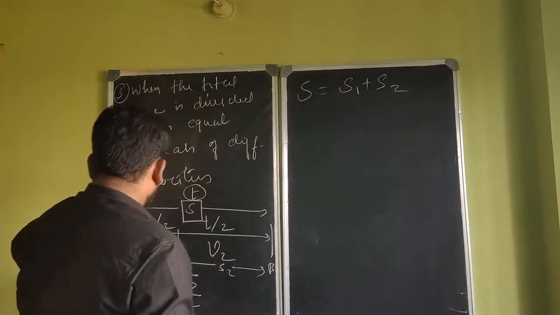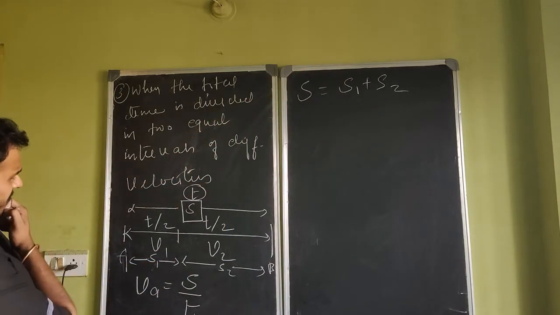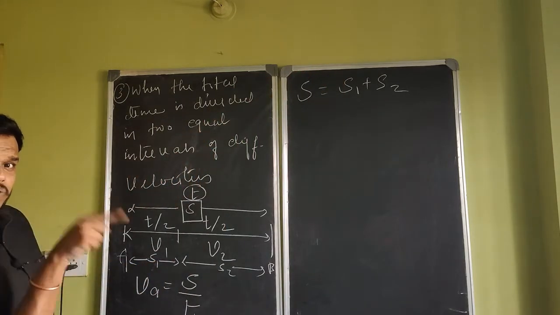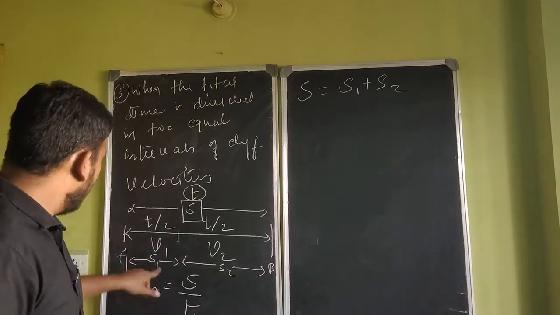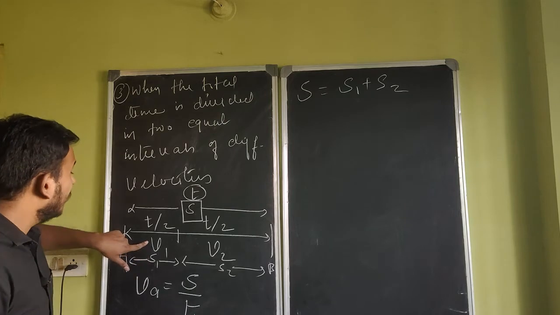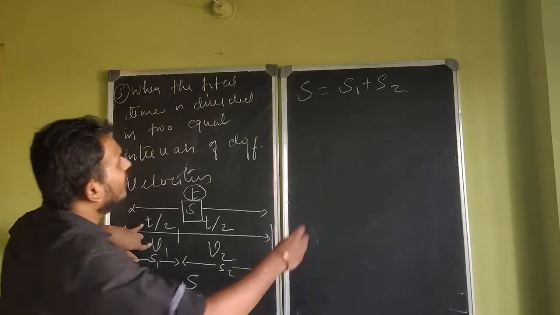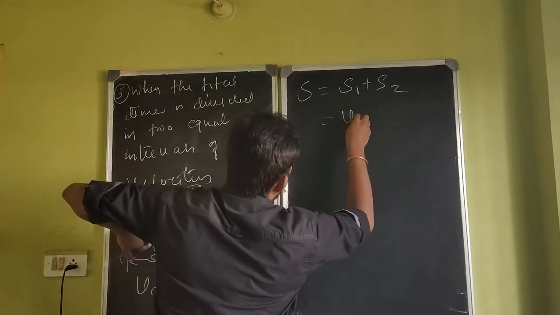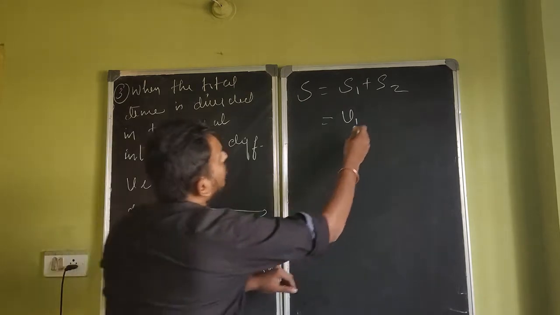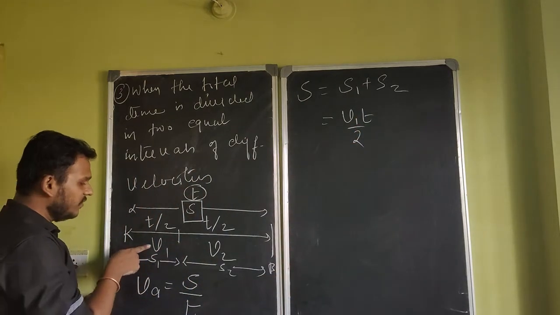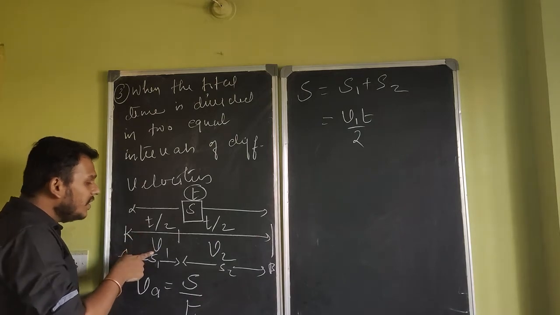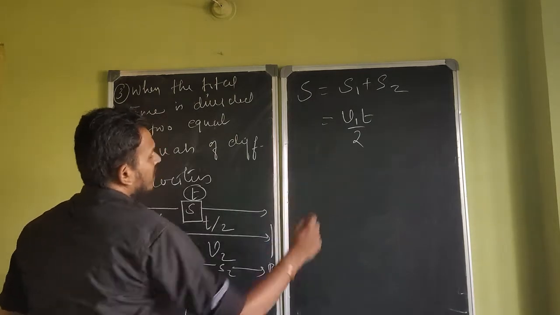Now let's see what S1 is going to be equal to. Is displacement velocity into time? Right? So if displacement is velocity into time, I can write S1 as this velocity into this time. So S1 is V1 into T by 2. Look at this, S1 is V1 into T by 2.